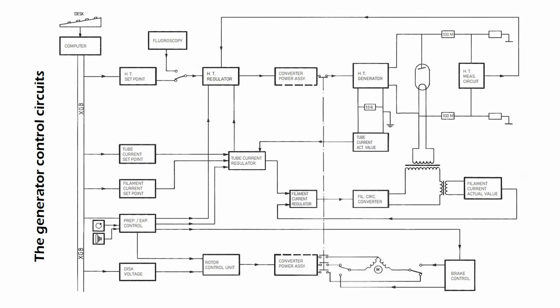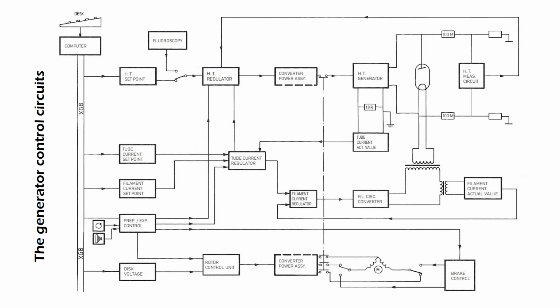The converter has been connected such that the rotor control can be activated immediately upon initiation of preparation. At the beginning of preparation, the anode rotation is started and afterwards the converter is changed over for high-tension operation.